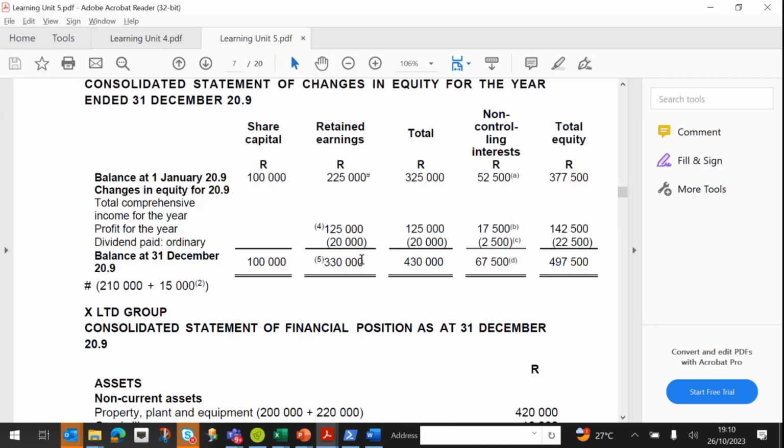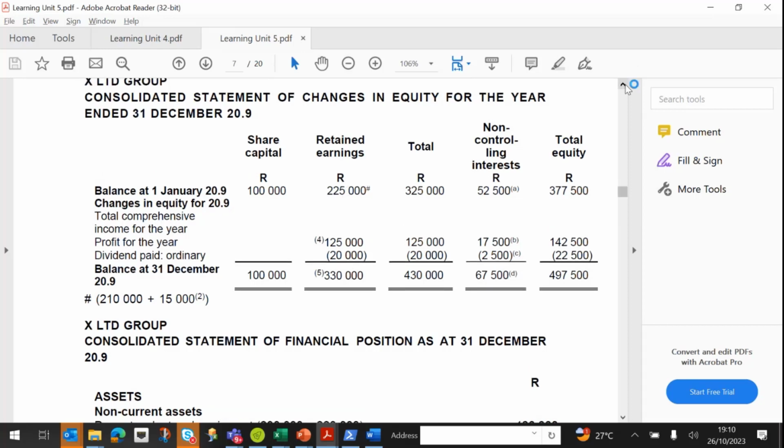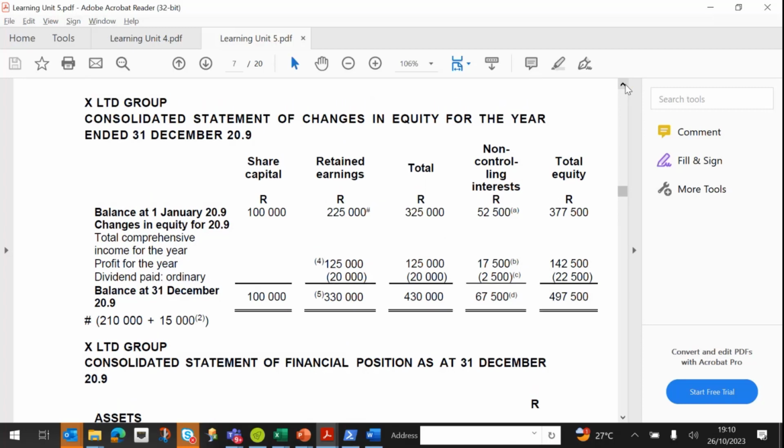However, that 15,000 is from the analysis. The 210 plus 15 gave you the opening balance of 225. That is from the analysis, the 15,000.